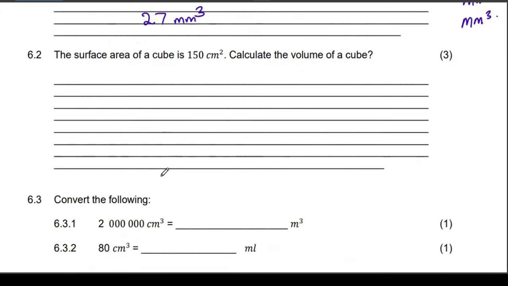All right, then 6.2. The surface area of a cube is given as this. They want us to calculate the volume of the cube. So with this question, what we need is basically the side. What is the length of one side of the cube? We know that the cube has 6 faces.